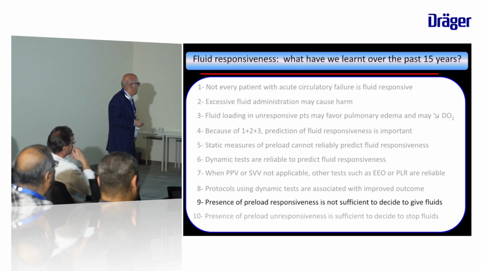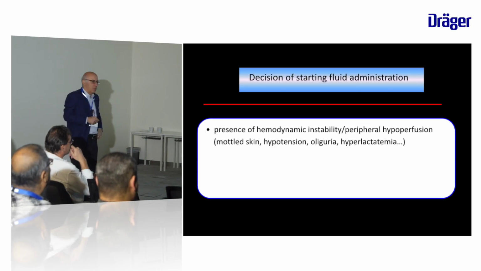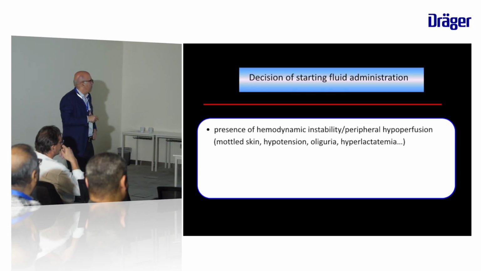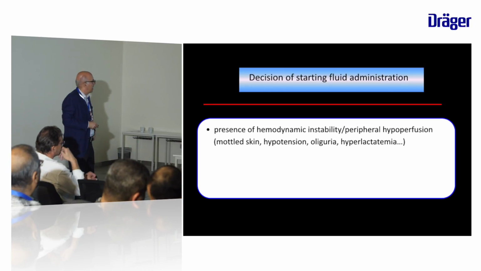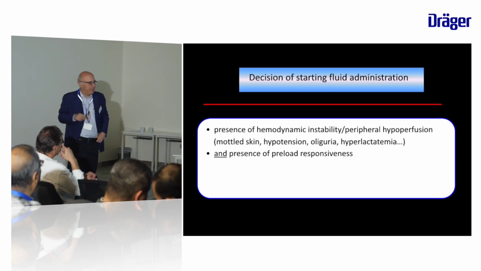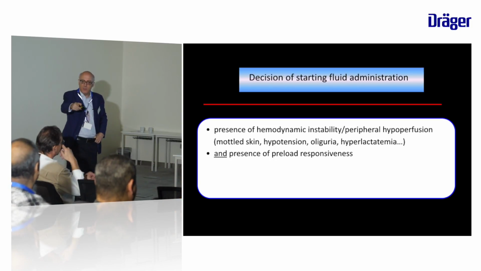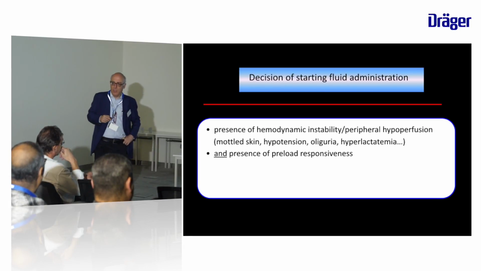Last two slides. The decision to start a fluid administration should not include only these parameters, but the presence of hemodynamic instability and peripheral hypoperfusion, which means mottled skin, hypotension, oliguria, or hyperlactatemia higher than 2, according to the recent guidelines, and the presence of fluid responsiveness. So the presence of fluid responsiveness alone, as we discussed with Alberto yesterday, I don't think is the only parameter to be considered.